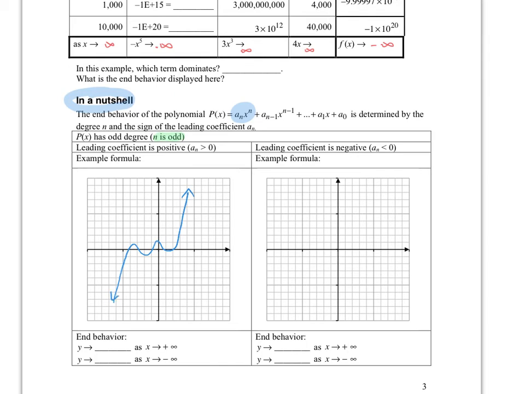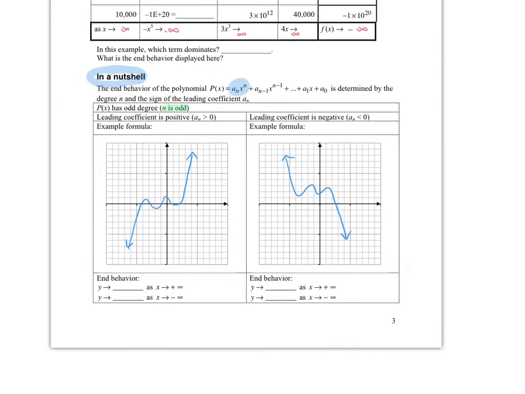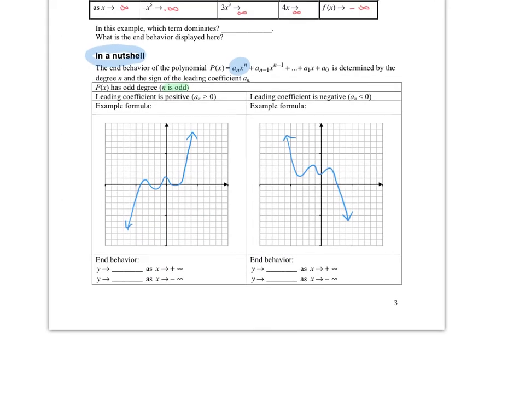If the leading coefficient is negative, then the graph will look like this. Okay. So therefore, the end behavior will be the following. y will go to infinity as x goes to infinity, and y will go to negative infinity as x goes to minus infinity. So you can see that.